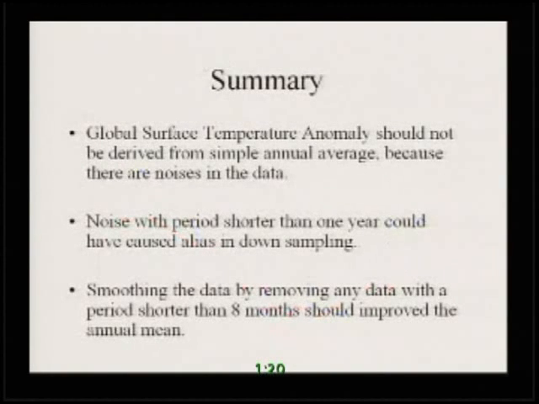So the global surface data anomaly should not be derived from the simple annual average, because the original monthly data has a lot of noise. So noise with period shorter than 1 year should be removed, because if you have a fluctuation over there, then you're going to cause some alias. So smoothing the data by removing periods shorter than 8 months can actually improve the data to produce much smoother annual average data.